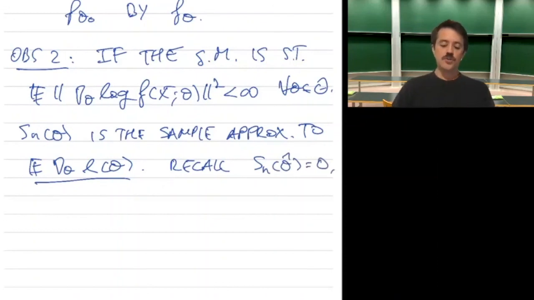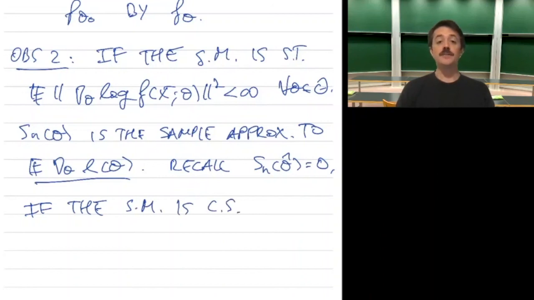So, similarly to before, if the statistical model is correctly specified for some theta naught, then we can wonder whether this will now be 0.